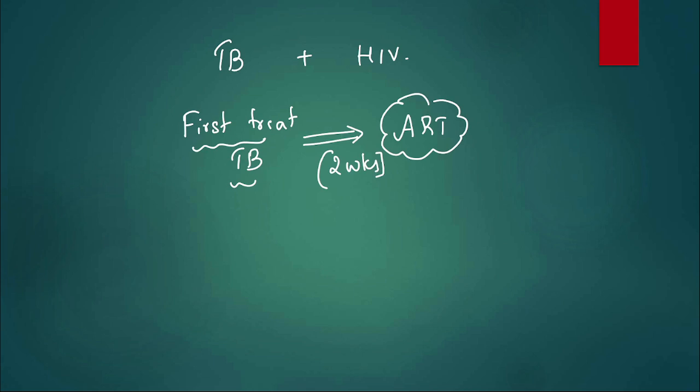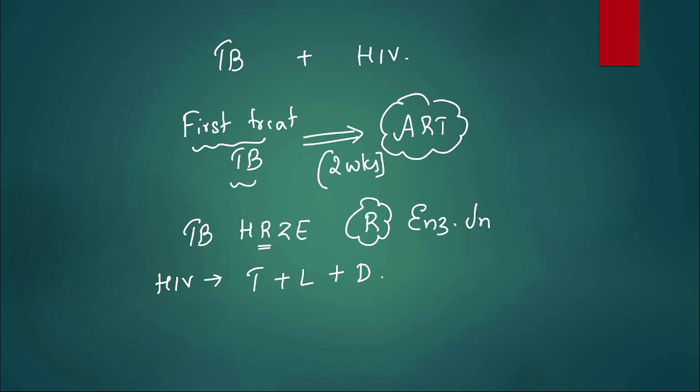Another question they keep on asking is, suppose patient is having TB and is taking HRZE. And suppose patient is taking HIV drugs, you have to start HIV drugs. For example, he is taking tenofovir, lamivudine and dolutegravir. Then what to do? Because rifampicin is an enzyme inducer.